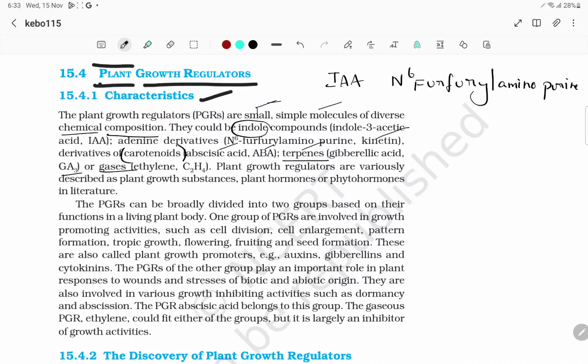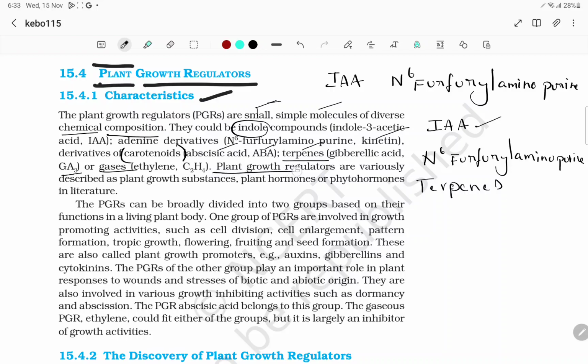So totally in this we are going to see indole 3-acetic acid, which is an indole compound, and N6 furfuryl aminopurine, which is an adenine derivative, and the next is terpenes, which is gibberellic acid, and the gas is ethylene, and the carotenoid derivative is abscisic acid.